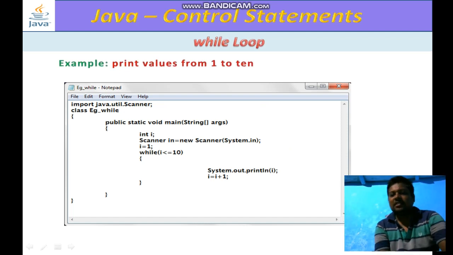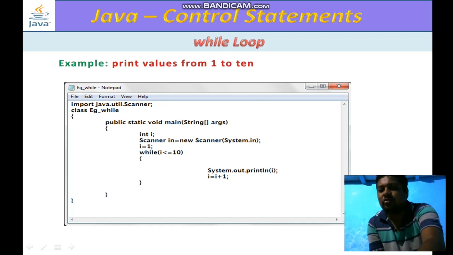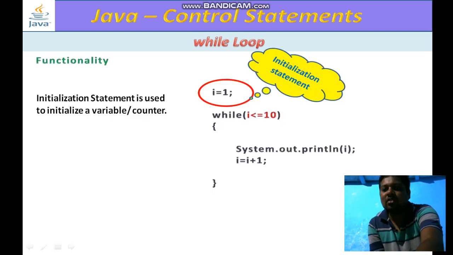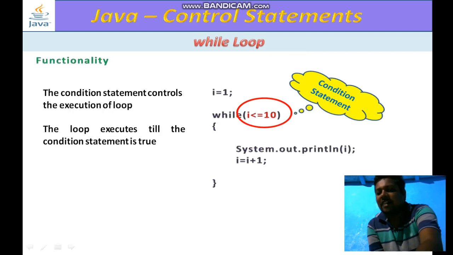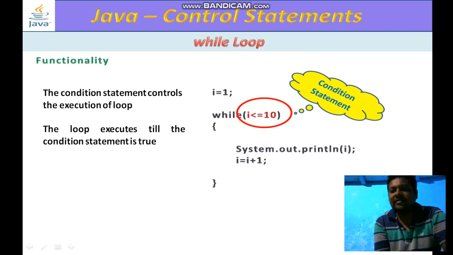Next we see an example: we have to print 10 numbers. In this programming example, we will see how the loop will be executed. First we initialize a value. After that we have a condition statement to check how many times we want to execute.